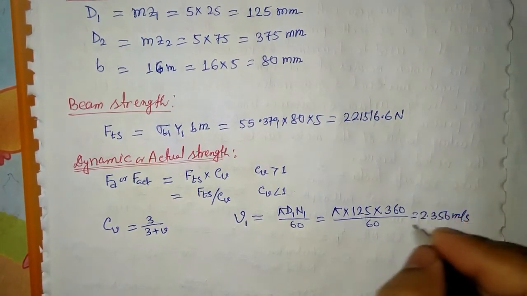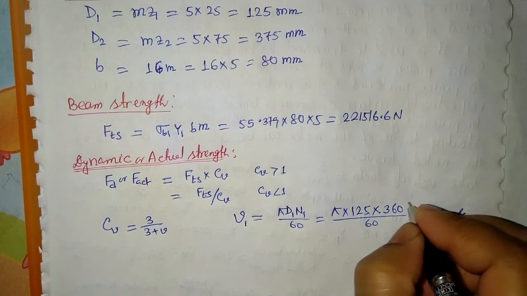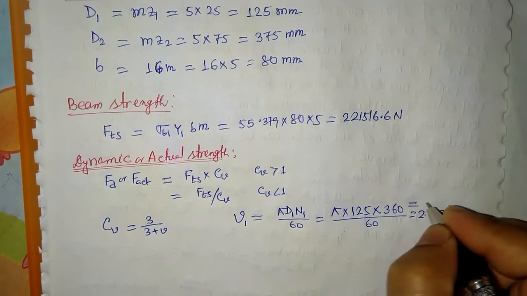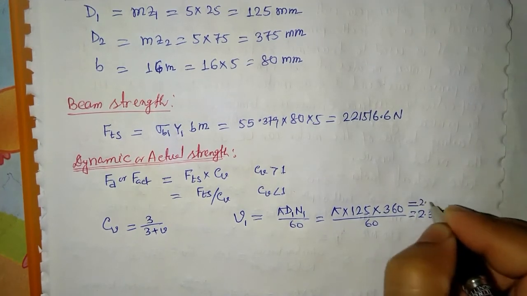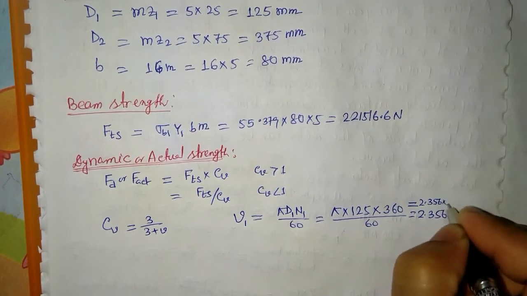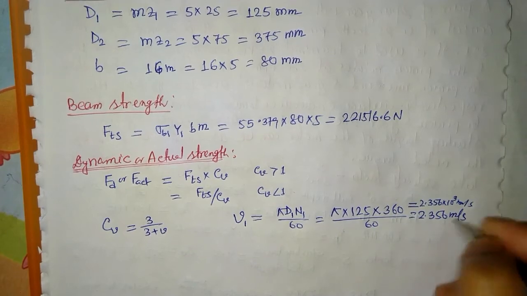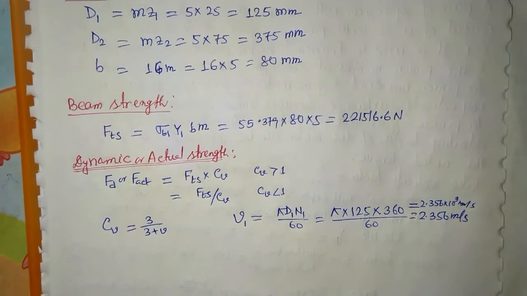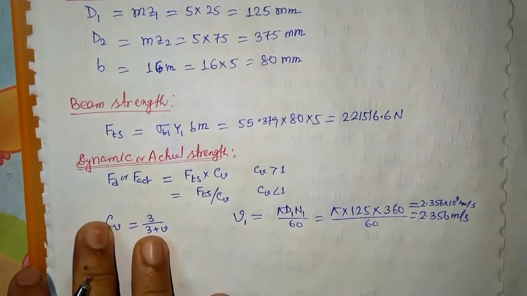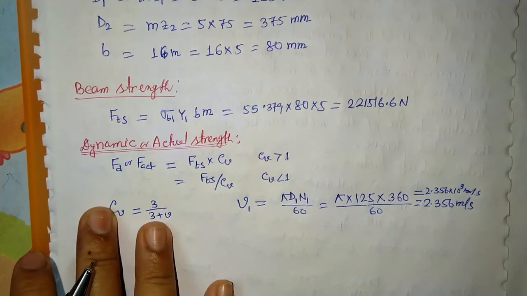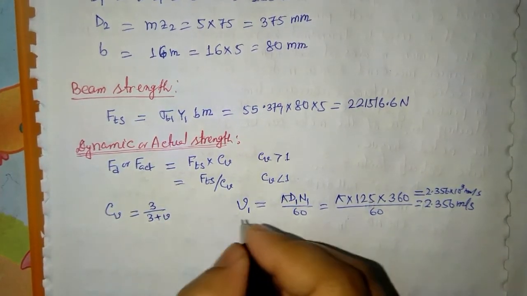Okay, so first we get this in the form of millimeter, that is our 2.36 into 10 to the power 3 millimeter per second, then we convert it into meter.